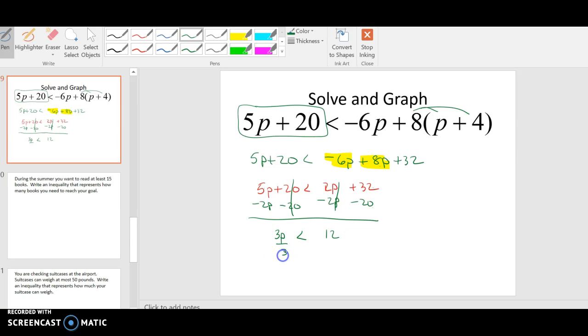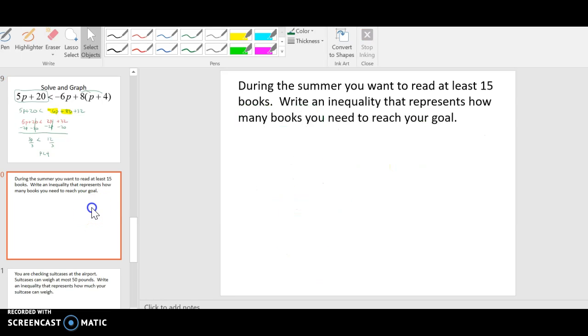Now I can divide by 3. And p is less than 4. Okay, so that's all the solving part. And again, it's no different than solving an equation, which you're pretty good at, but we have to take it a step further and make sure we flip the inequality sign when it's necessary.